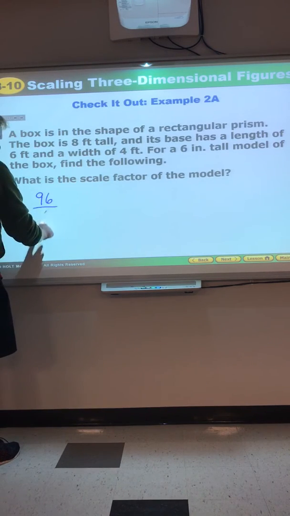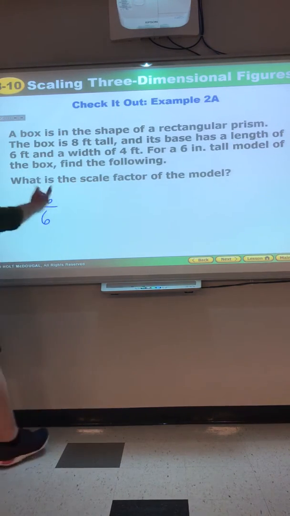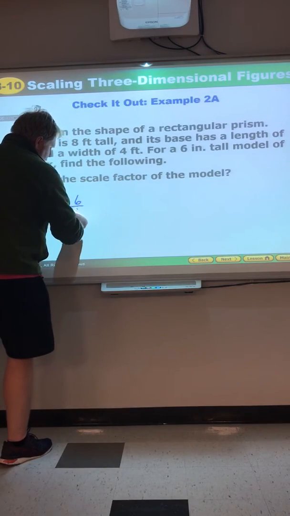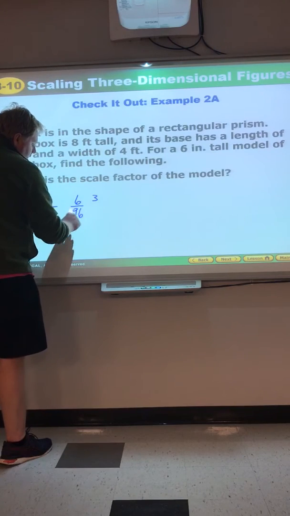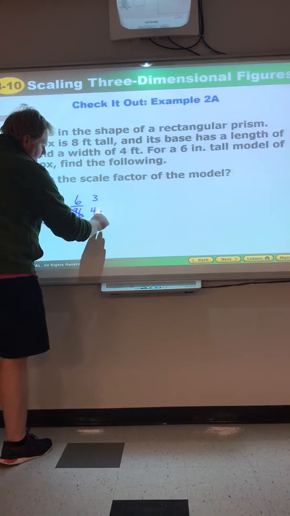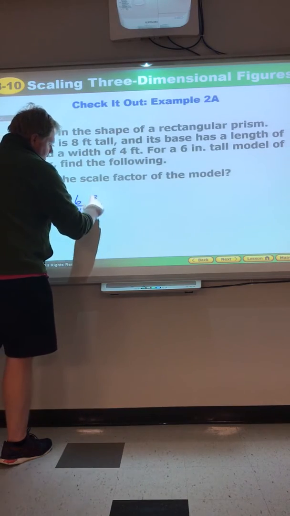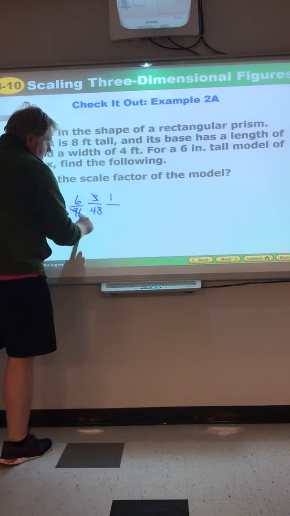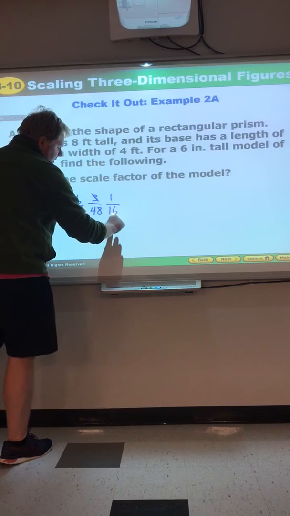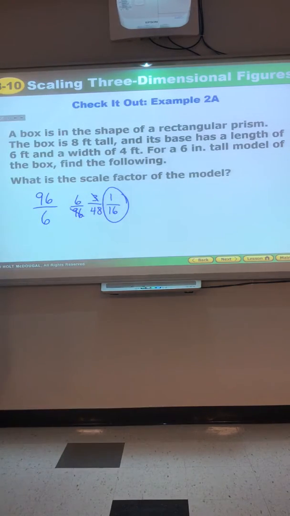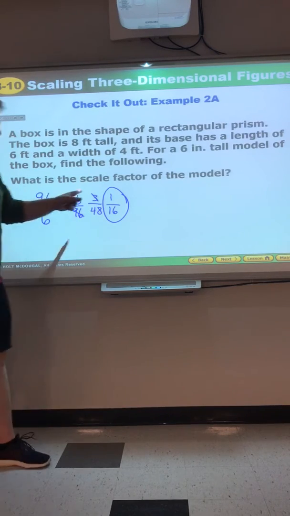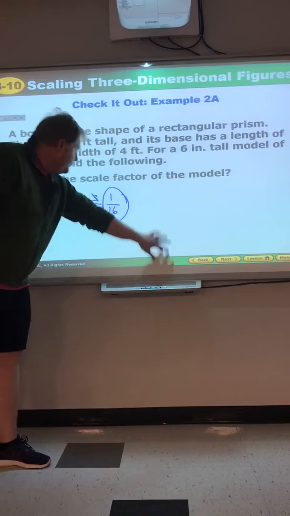And that's 6 inches. Okay, they're probably going to put 6 over 96. And then I would reduce. That becomes 1, and that becomes 1 and 16. Our scaling factor is 1/16. So we're going to multiply by 1/16. We just reduced down and got our simple ratio here.